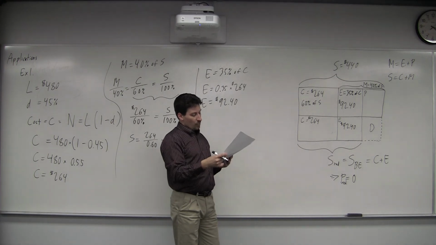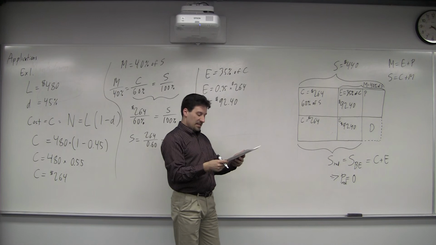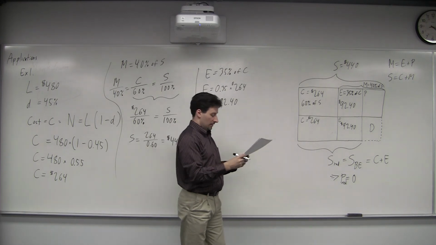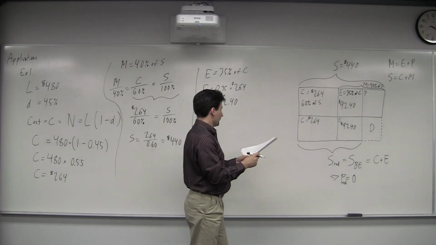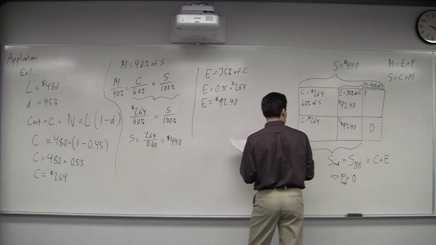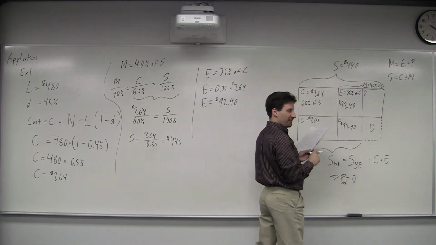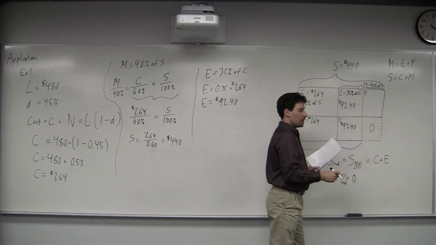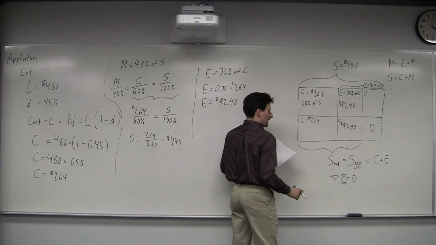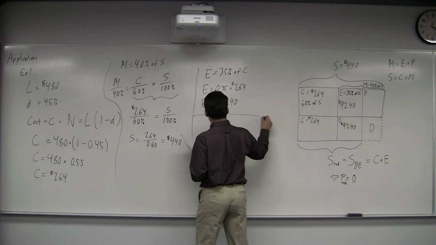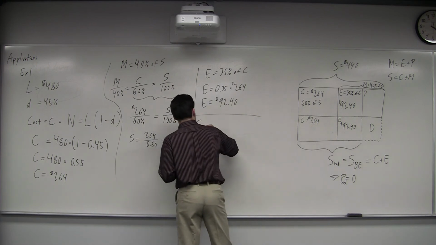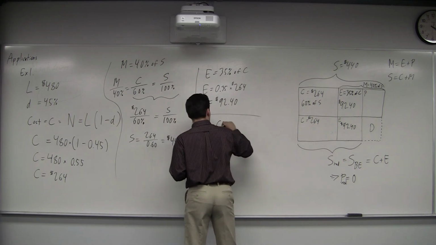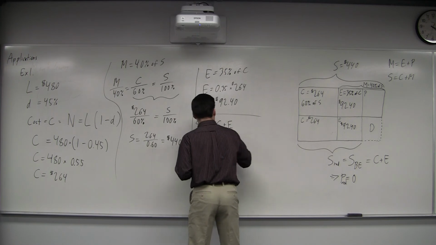And yes, they were saying, what rate of markdown can they offer and still break even? Well, let's find that break even price then. There's actually multiple ways to find this rate of markdown. We need to find how much they're marking it down. I'm going to find the break even price first. So S at break even is going to be cost plus expenses.